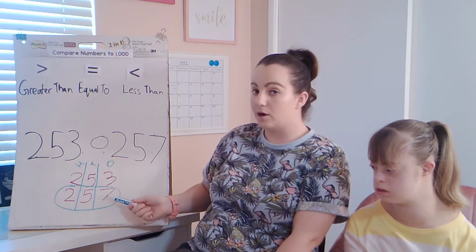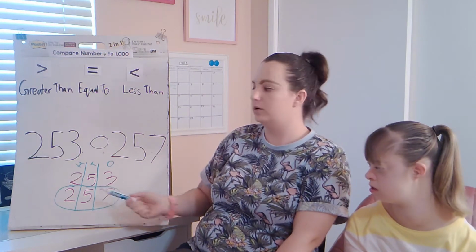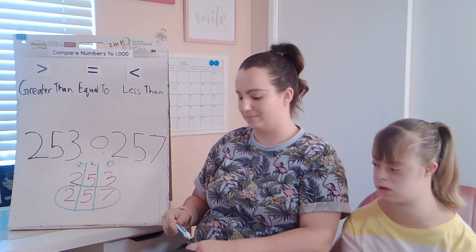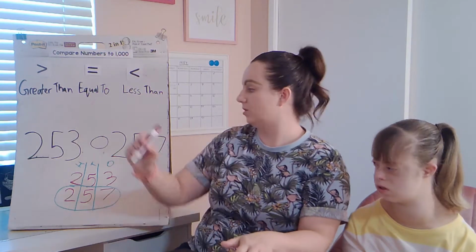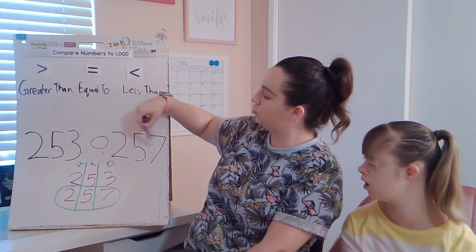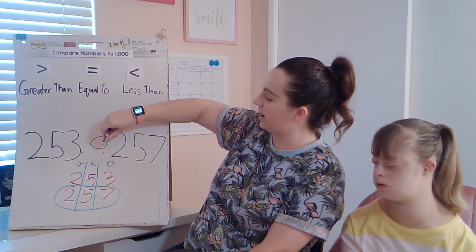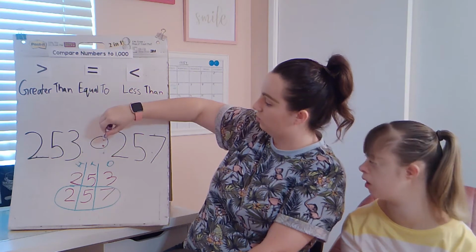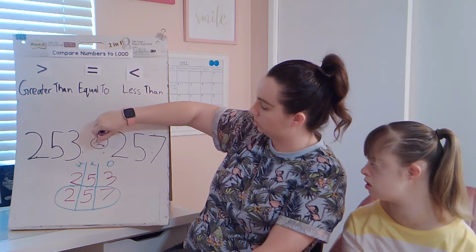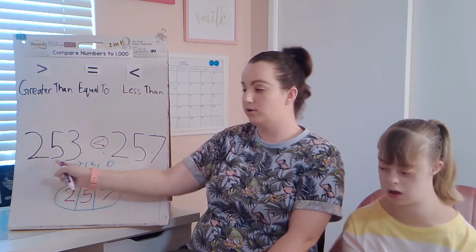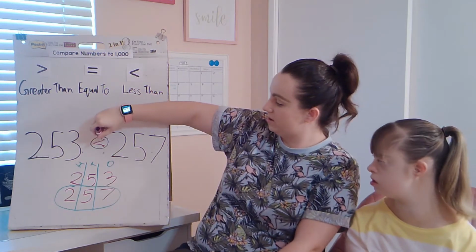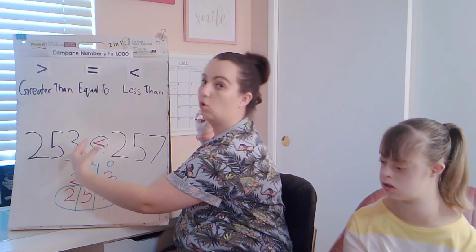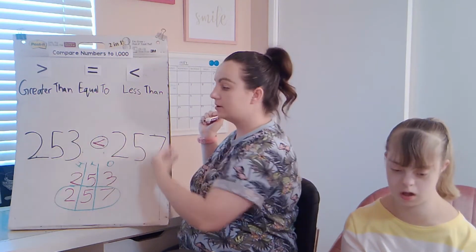The alligator mouth needs to point towards the bigger number, which is 257. So that means I'm going to go right here in the circle. I see 257. I'm going to make the tips of the alligator mouth open to that number. Then we'll close it towards the smaller number, 253. Alligator mouth is open to the bigger number because the alligator always wants to eat the most, the greater number.